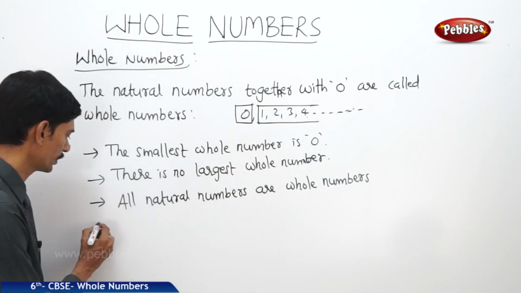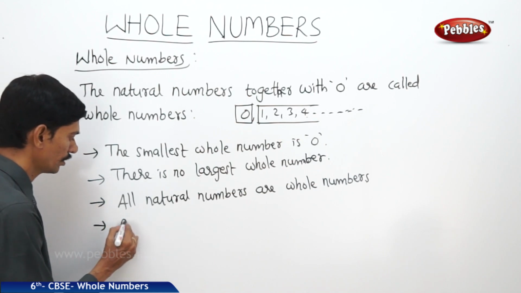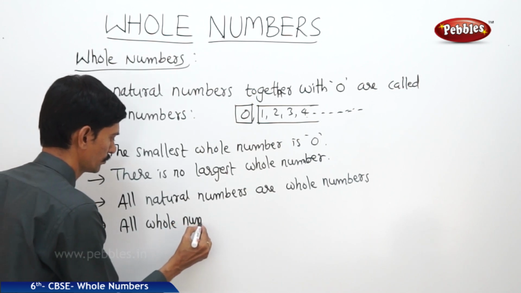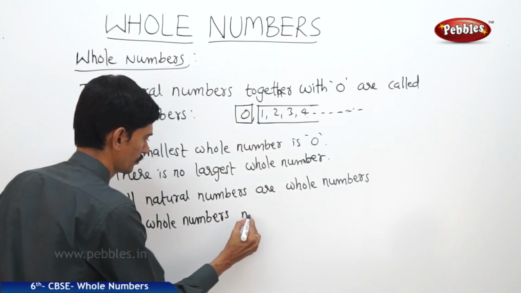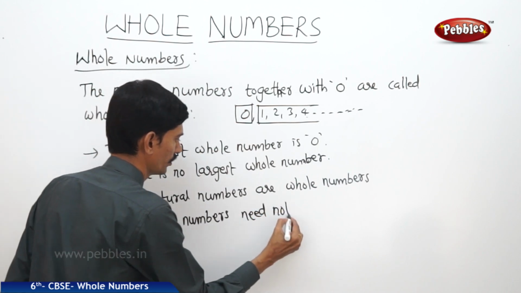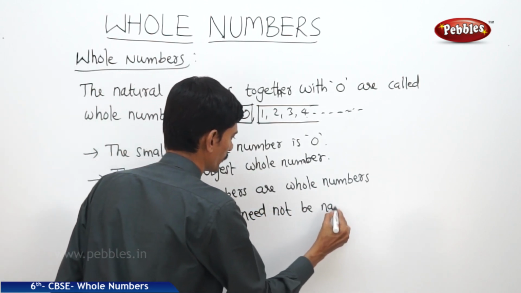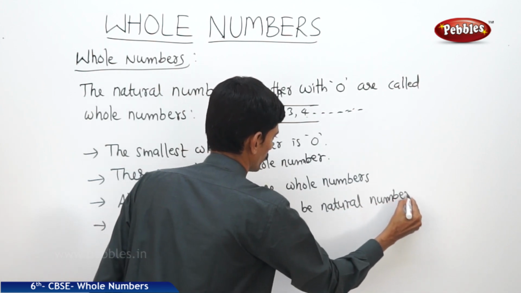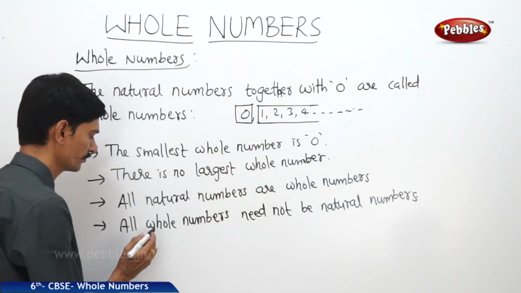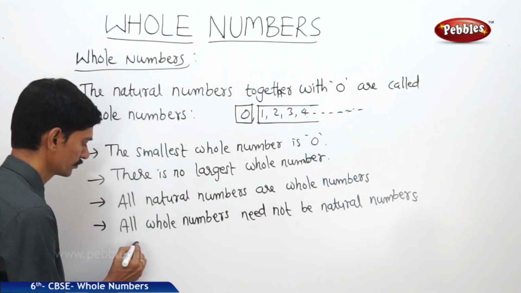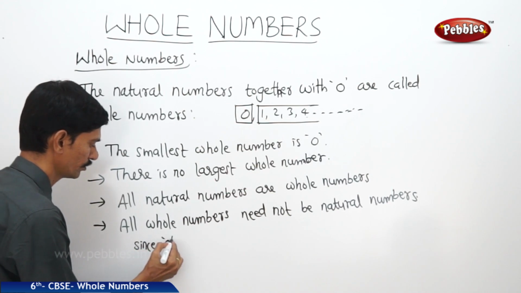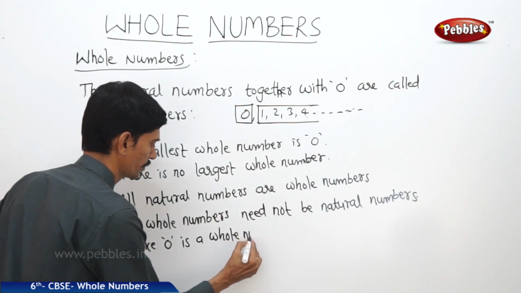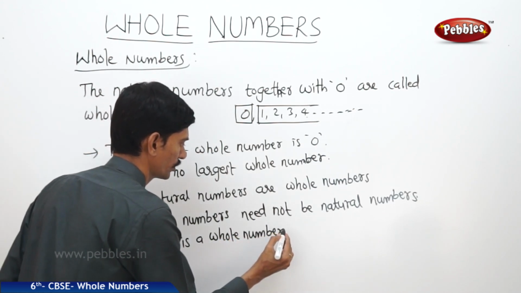Meaning, we can write that all whole numbers need not be natural numbers, because 0 is a whole number but not a natural number.